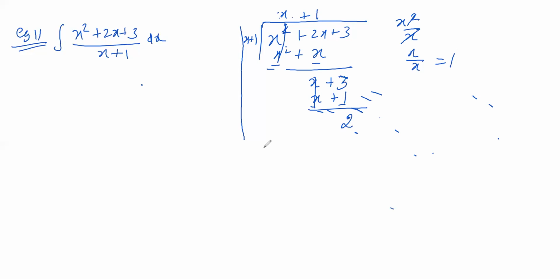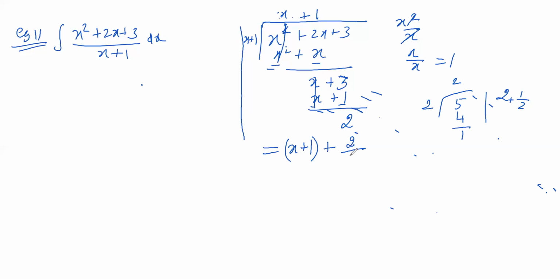Usually we write 5 divided by 2: 2 twos are 4, remainder is 1. So we write this as 2 and 1 by 2.